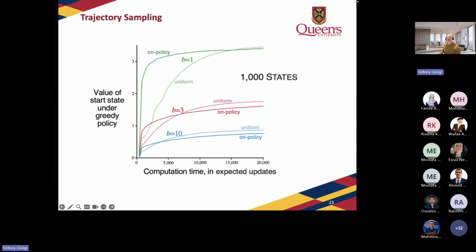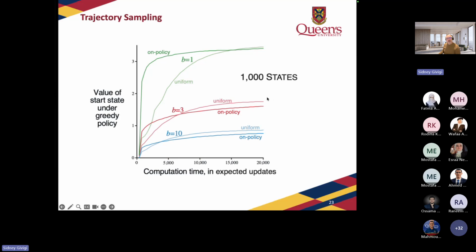And here it is for 1,000 states. You see that if the branching is very small, on-policy is going to be way better, which makes sense because we generate information in a much faster way. But for whatever other solution that we have, we can actually see that the early updates are actually very beneficial.